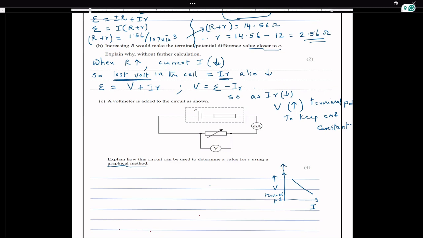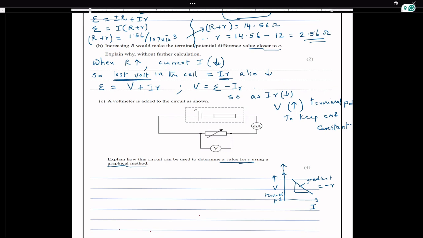And we know that the gradient for such a graph equals negative R. So the question is how this can be used to find the value of R. So this is what we have to do. We have to plot a graph of terminal PD and I, and then find the gradient.